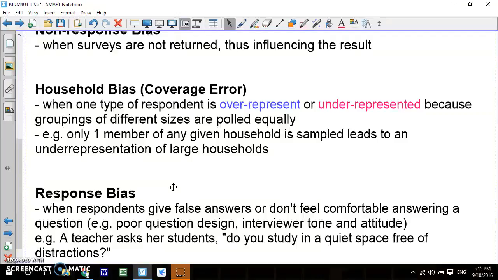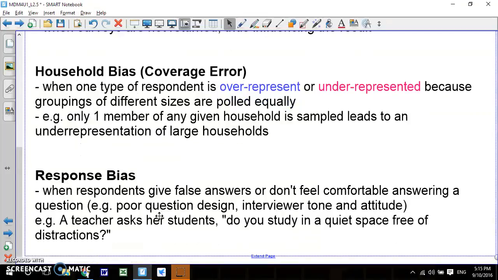Some households might have 6 people, where the grandparents are living with the parents and kids, and sometimes you have a single person living in one household. So you can see that larger households are not represented in proportion to smaller households. In this case, the underrepresentation of large households may lead to a bias, may lead to a result that does not truly reflect the reality of the population in your sample.